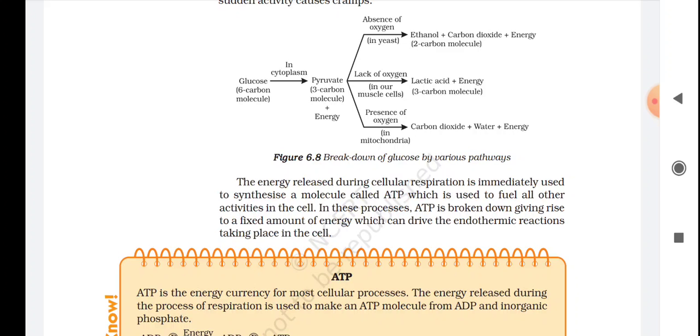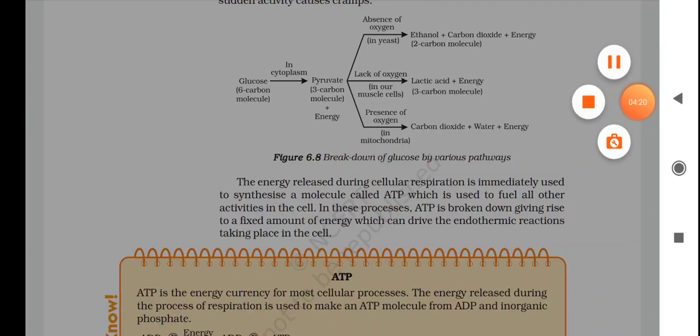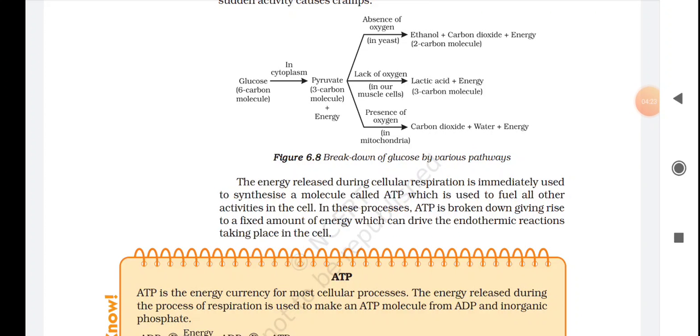So in the Krebs cycle, what is the first step? This step occurs inside the mitochondria. In this process, each molecule of pyruvate is completely oxidized to produce 3 molecules of carbon dioxide. You have read that in the process of glycolysis, we get 2 molecules of pyruvic acid, right? So here pyruvate is completely oxidized to produce 3 molecules of carbon dioxide. How many molecules?